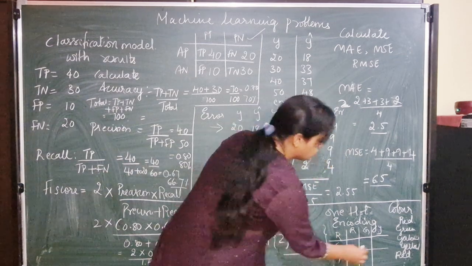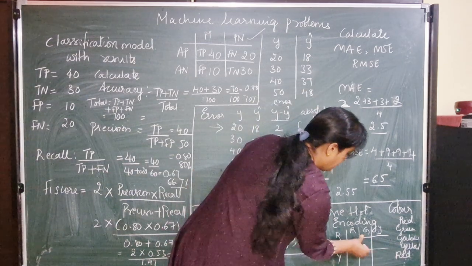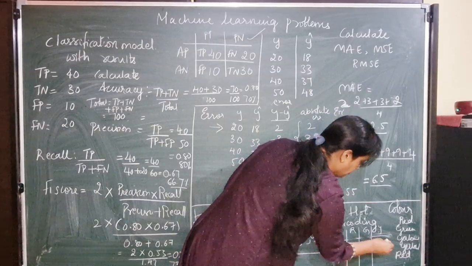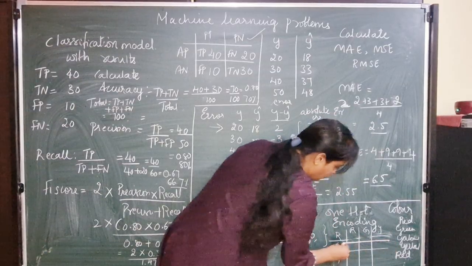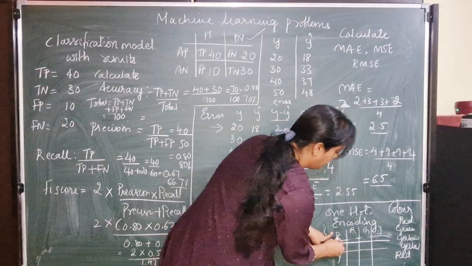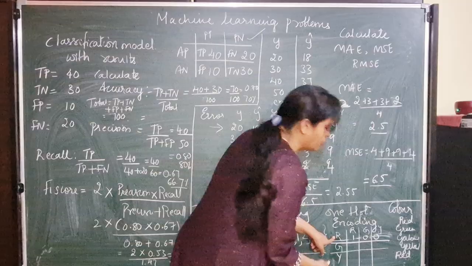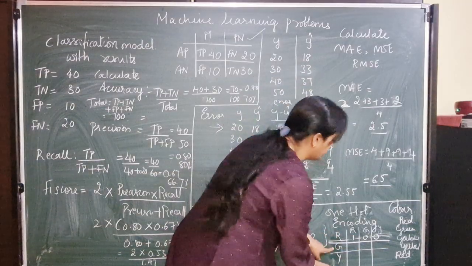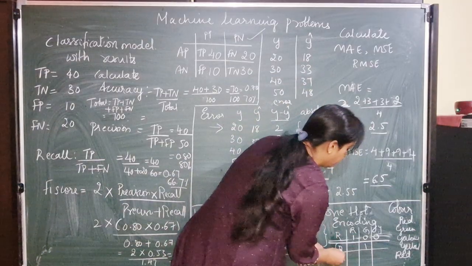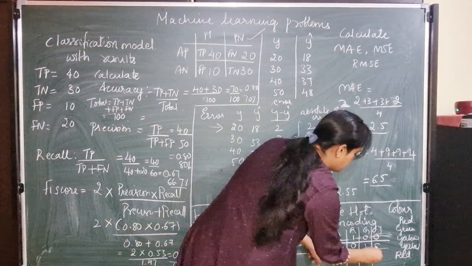So let's represent this in binary columns. When red is there, 1, the remaining are 0. This is the binary representation. When green is there, 1, the remaining are 0.